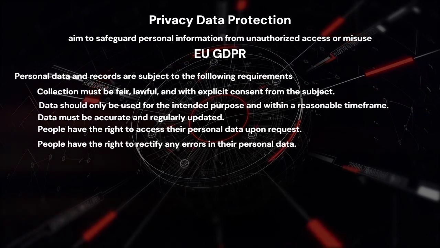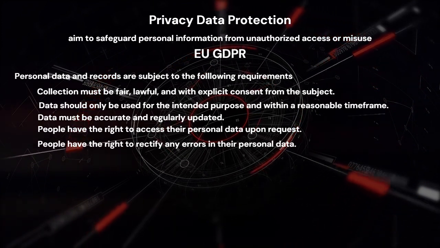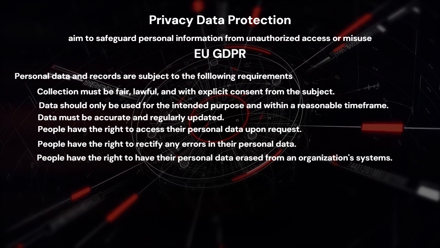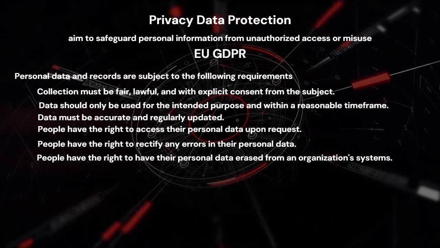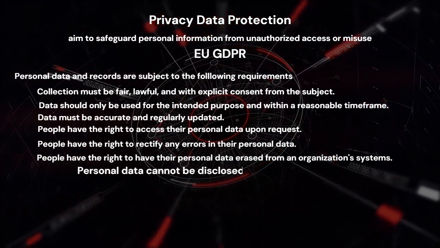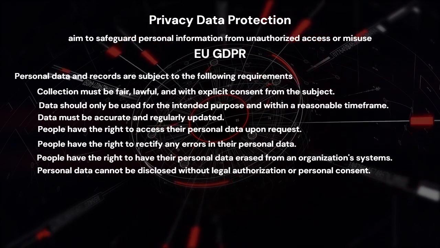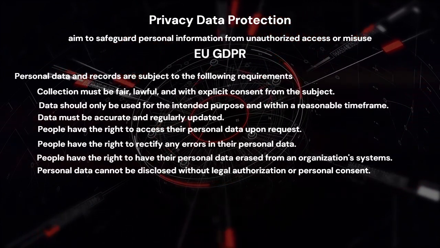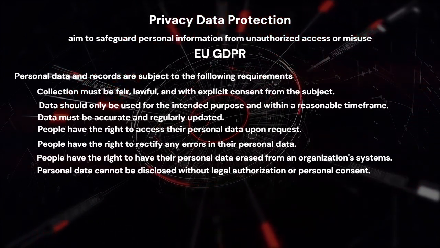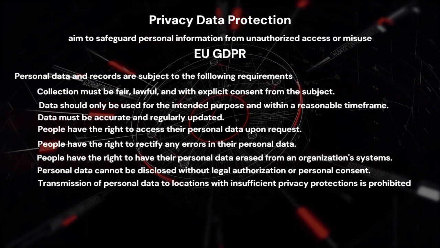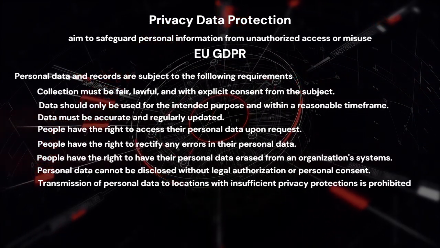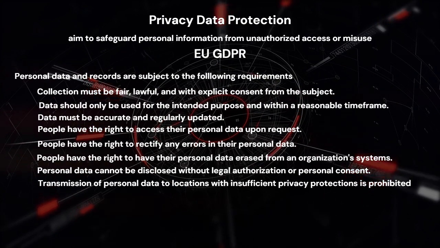People have the right to rectify any errors in their personal data. People have the right to have their personal data erased from an organization's systems. Personal data cannot be disclosed without legal authorization or personal consent. Transmission of personal data to locations with insufficient privacy protections is prohibited.